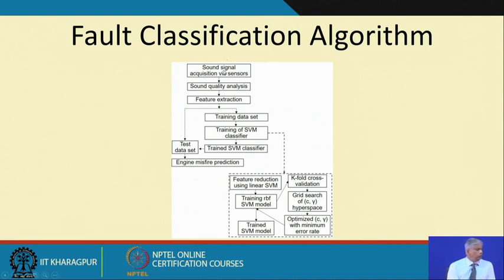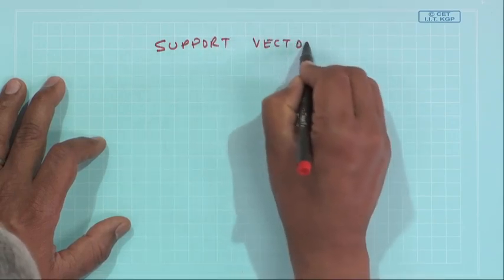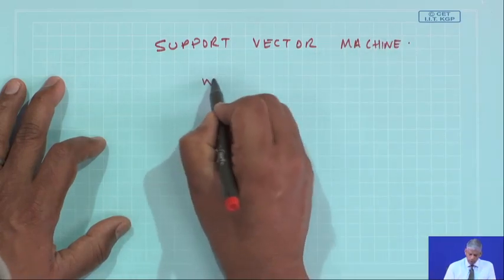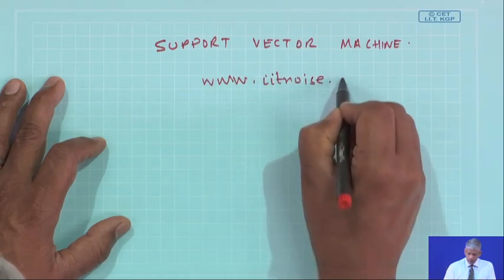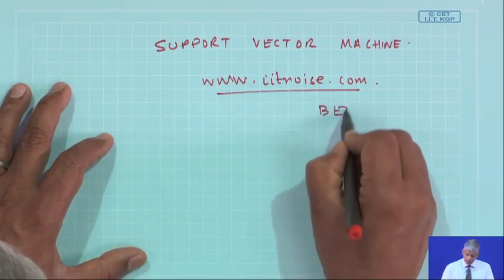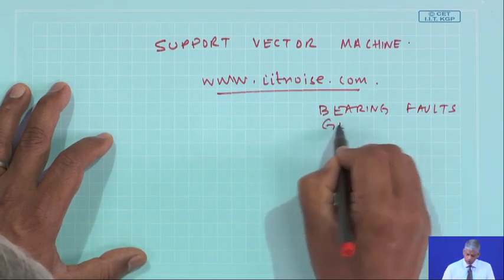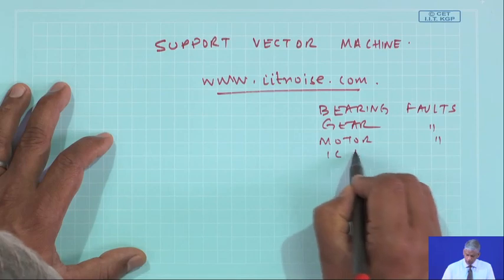Here in this example, we took the sound signals. By a method which is very popular nowadays, the support vector machine, for fault classification, and you can find more details about this on my website, in some of the journal publications in this area applied to finding bearing faults, gear faults, motor faults, and of course, IC engine faults.